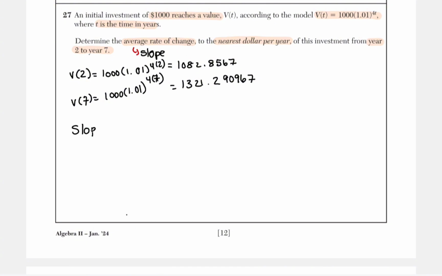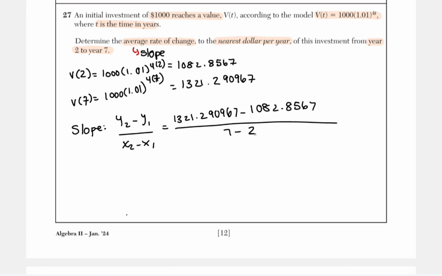Now we do the slope. If you don't remember the slope formula, it's y2 minus y1 over x2 minus x1. So our y2 is the investment total at year 7, 1,321.290967, minus what the investment was at year 2, which is 1,082.8567, divided by 7 minus 2, because this is year 7 and this is year 2. When we do that in our calculator, we get the rate of change rounded to the nearest dollar to be $48.